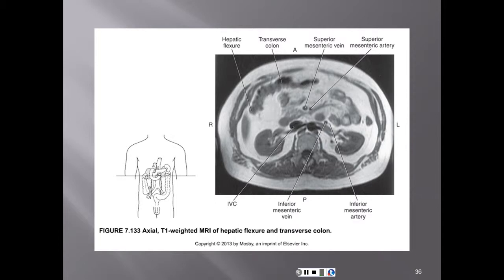Axial T1 weighted MRI of hepatic flexure and transverse colon. Image is on page 465, and T1 weighted image, so it's an image of anatomy. You can see the kidneys very well.